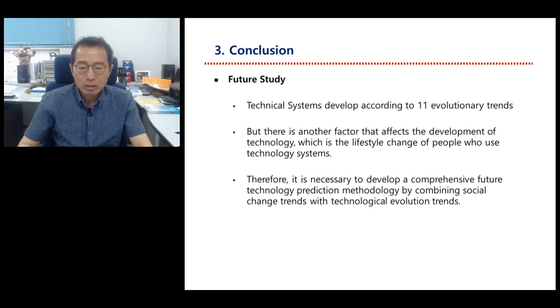We should consider non-technical trends such as changes in people's lifestyles, social and cultural changes, and political trends. Therefore, it is necessary to develop a future technology development methodology that combines technology and non-technology trends. Thank you for your attention.